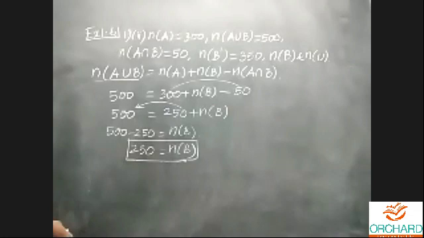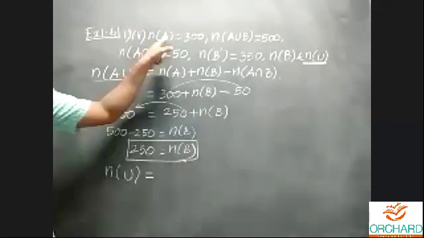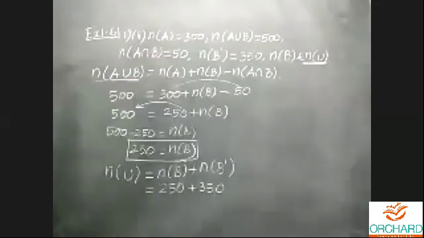What's the value of N of B? That is 250. N of B dash is equal to 350. Now we'll add these two values: 250 plus 350 is equal to 600.